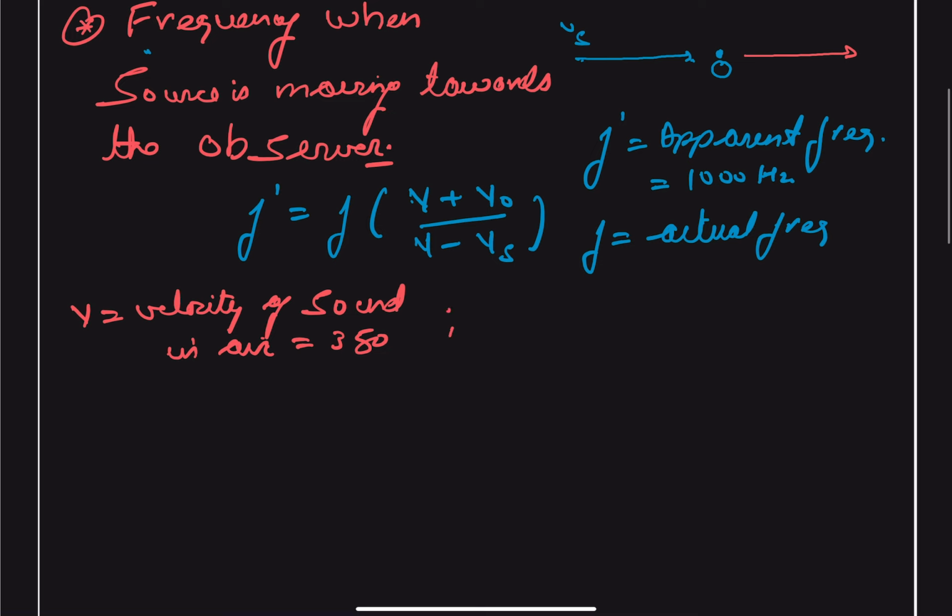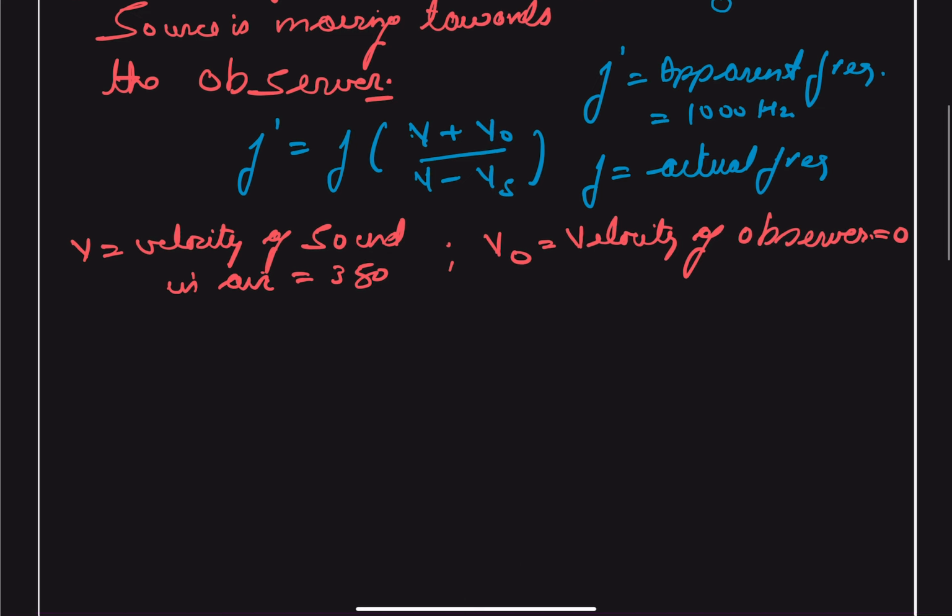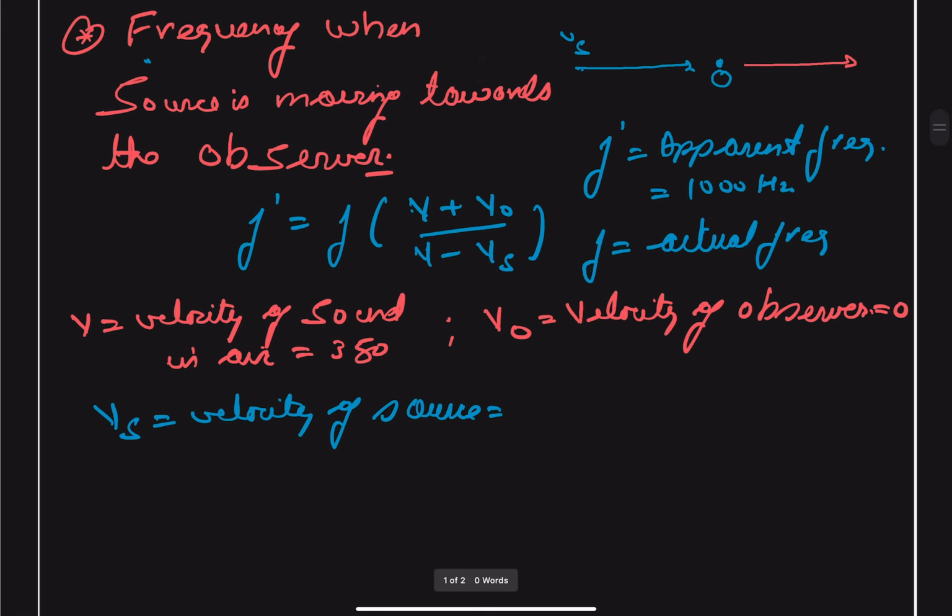V naught is the velocity of the observer, which is 0 as the observer is stationary, and Vs is the velocity of the source, and that is given as 50 meter per second.